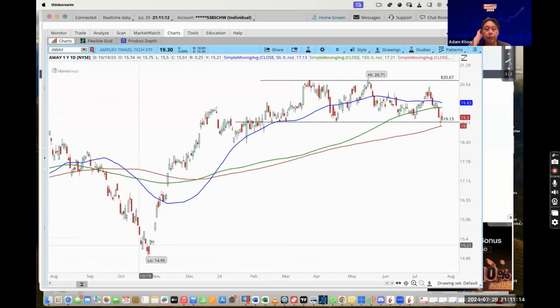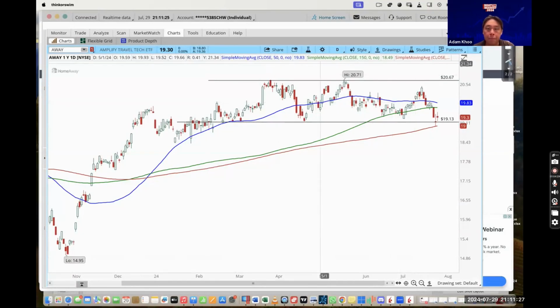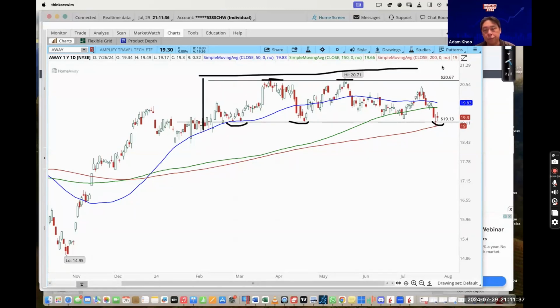Would you agree that this looks like it's a stage 1? Although the moving averages have not really crossed each other, it's kind of moving sideways. It's making the same highs, and the same low, same low, same low. So can you see that it's a bit of a range here?